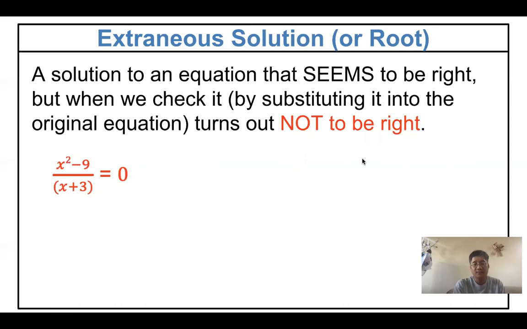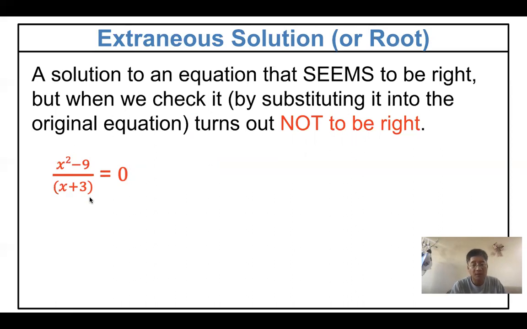Extraneous solution or root. What is it? Sometimes when you plug the x value, the denominator becomes 0, then it's not good, right? In a fraction, the denominator cannot be 0. That's what we learned, right? If a denominator becomes 0, that is an error.